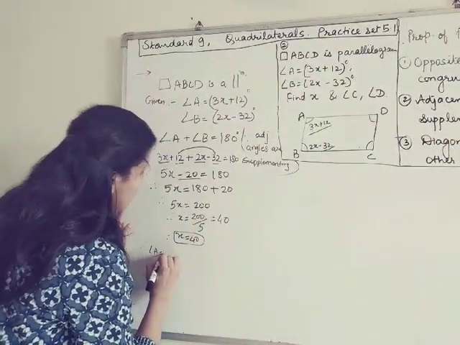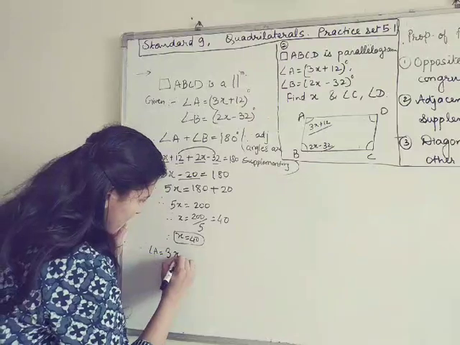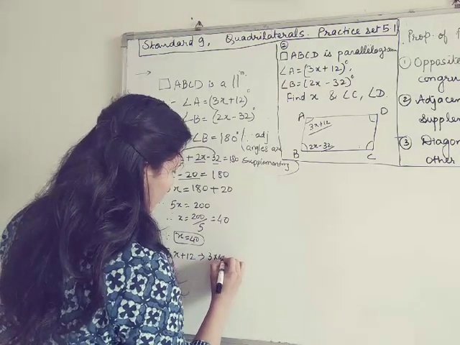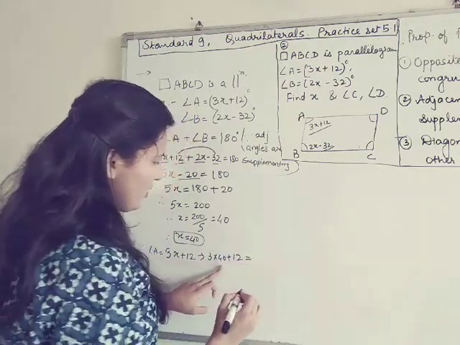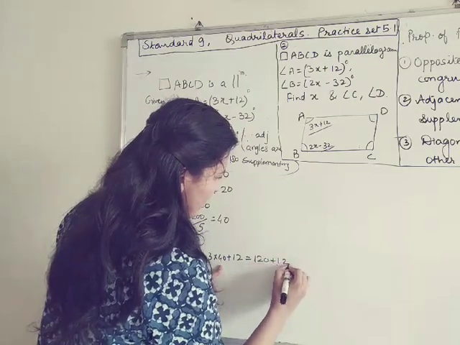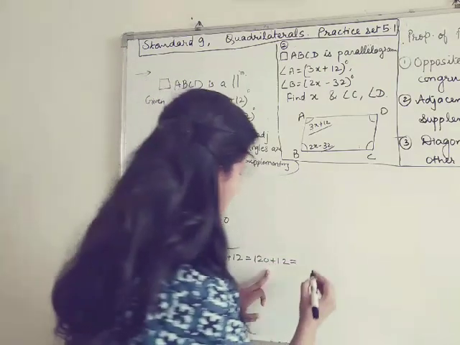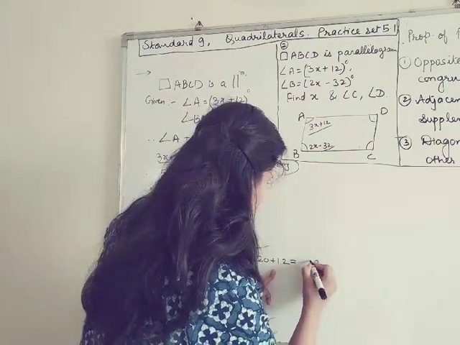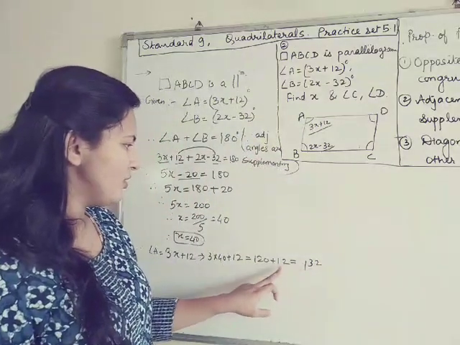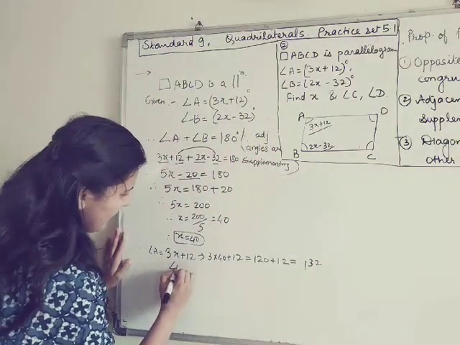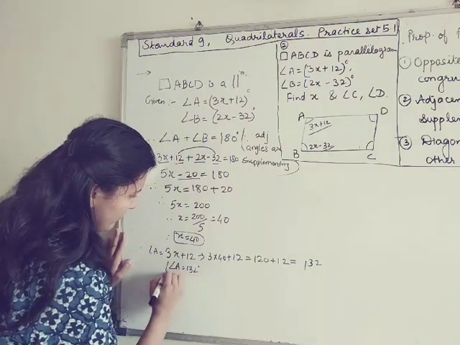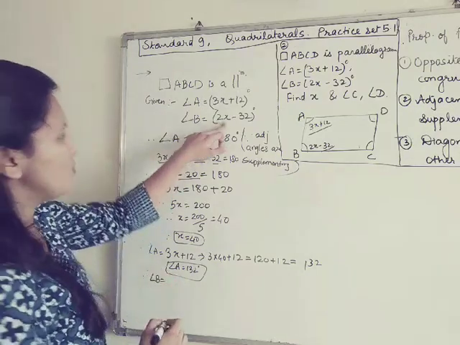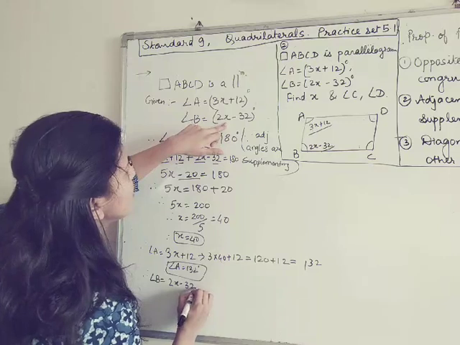Angle A is 3x plus 12. So putting the value of x here, 3 into 40 plus 12. So 3 into 40 is 120 plus 12. So angle A is 132 degree. Now in the same way we will find out angle B. Angle B is 2x minus 32.